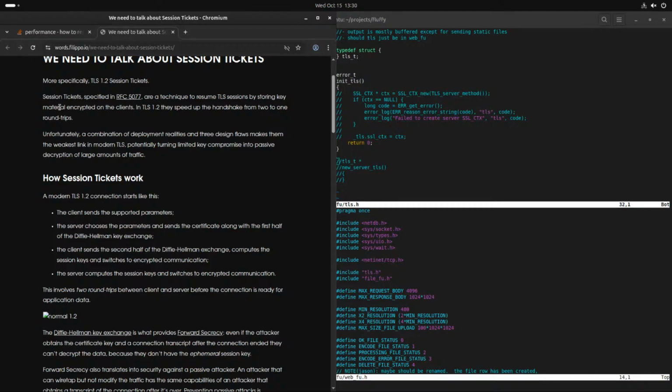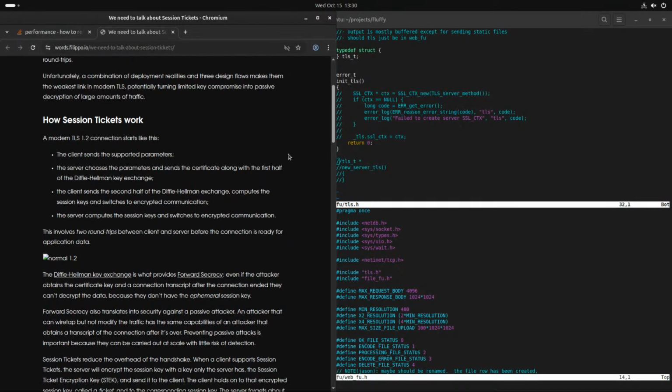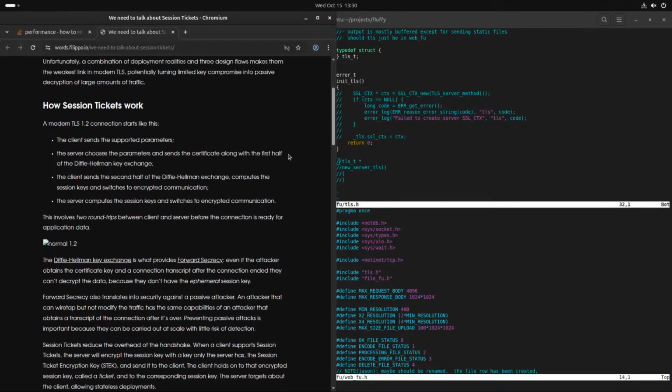So anyway, hmm. Well, that's definitely potentially turning limited key compromise into passive decryption of large amounts of traffic.